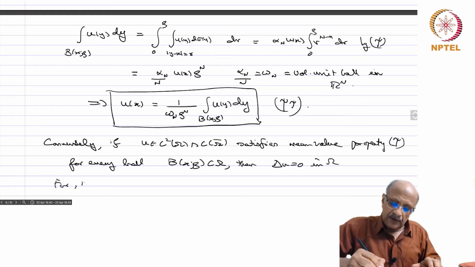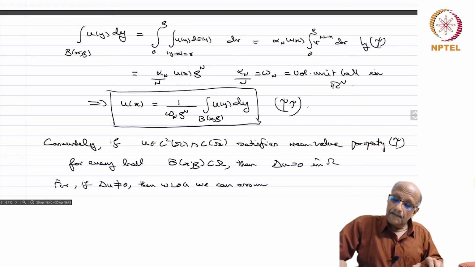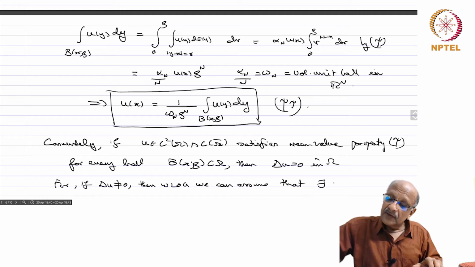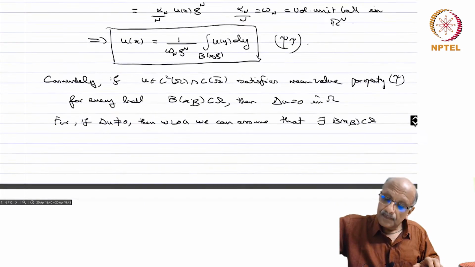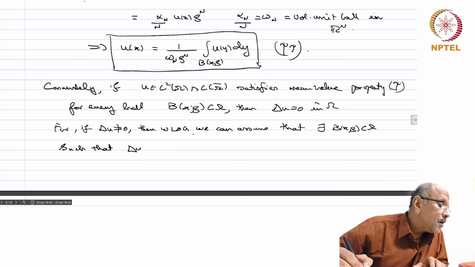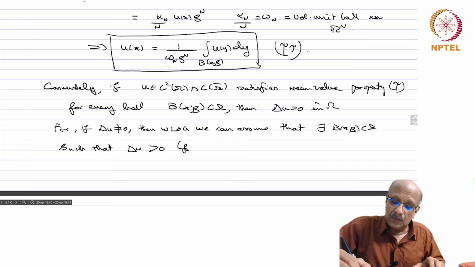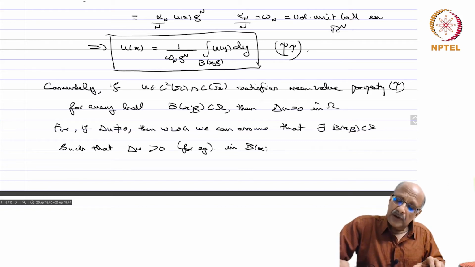For if delta u is not equal to 0, then without loss of generality we can assume that there exists a B(x, rho) contained in Omega such that delta u is, say, positive, for example, or negative in B(x, rho), because delta u is a continuous function.